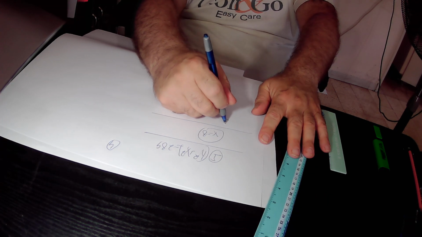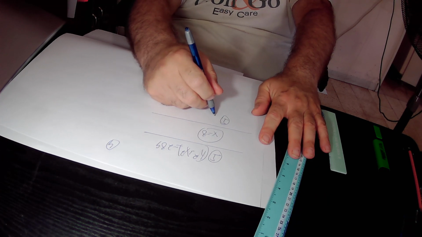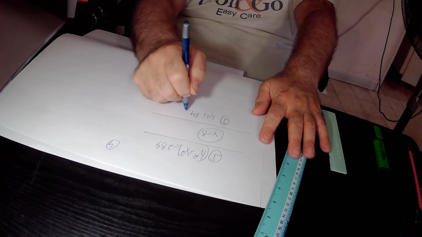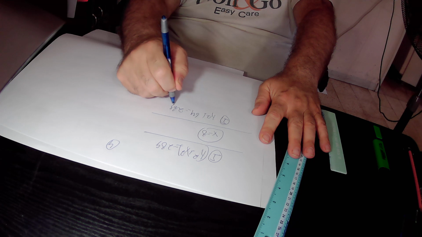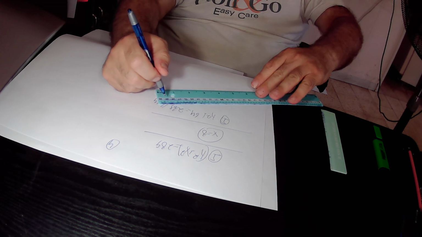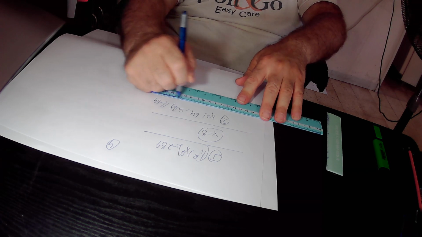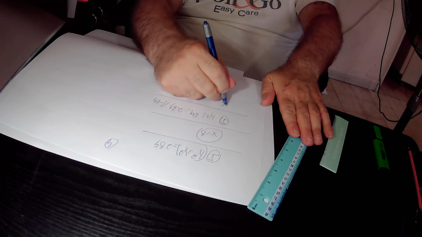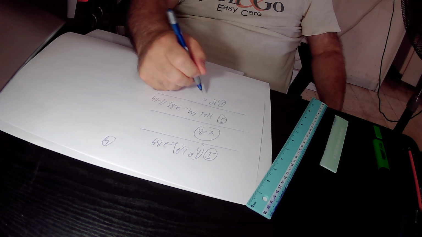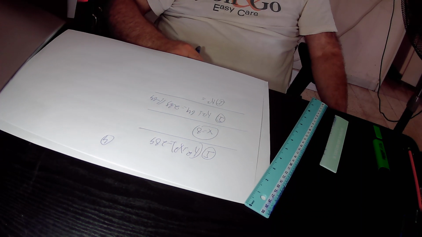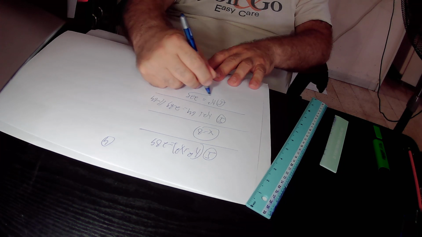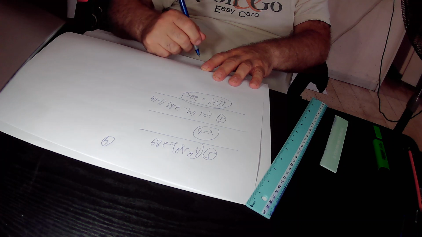We get h squared plus 64 equals 289. Here we subtract 64 from the equation, and finally get that h squared equals 289 minus 64, which is 225. So we found out that h squared equals 225.